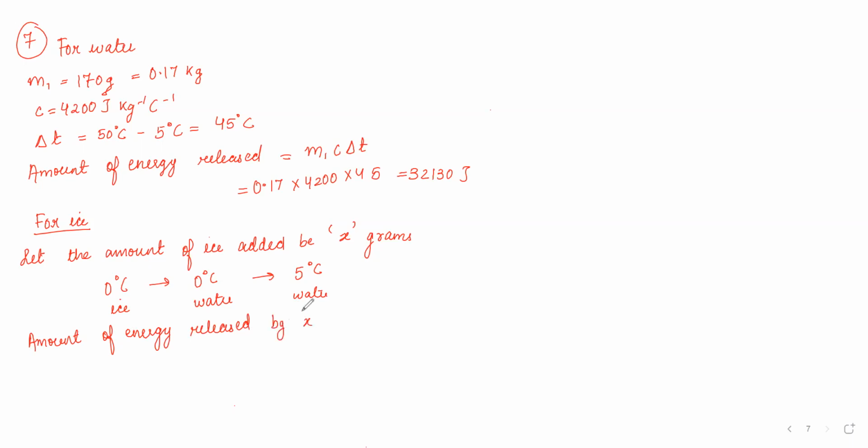With x gram of ice to convert from ice at 0 degrees Celsius to water at 0 degrees Celsius is equal to M into L. So what is L, children?